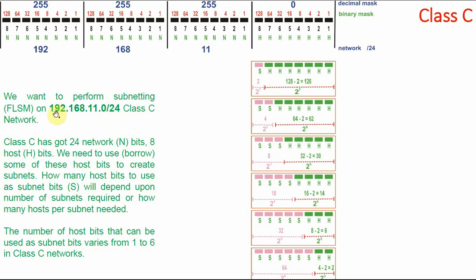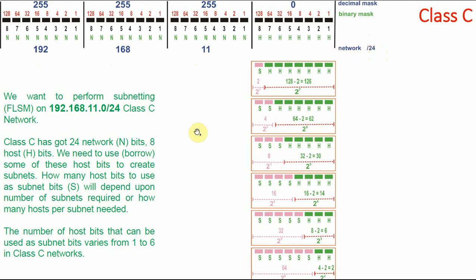Now we know that 192 belongs to class C, and by default the mask is 24, or we can say the mask is 255.255.255.0 in decimal. Our network is 192.168.11, and we can denote it by /24.